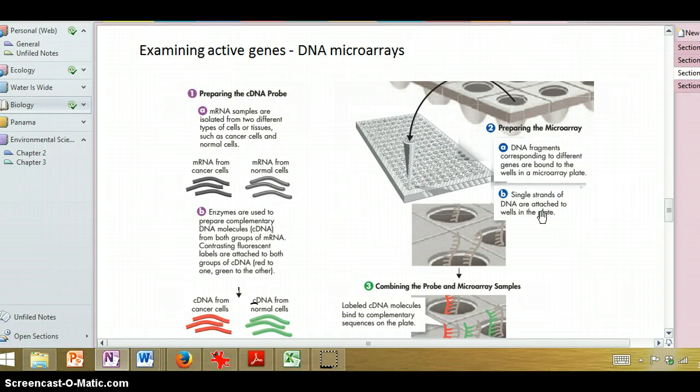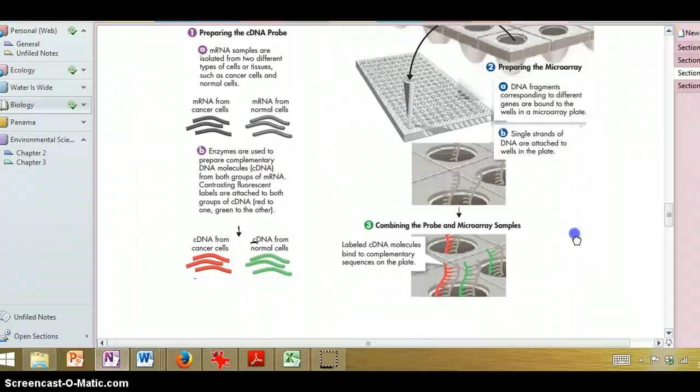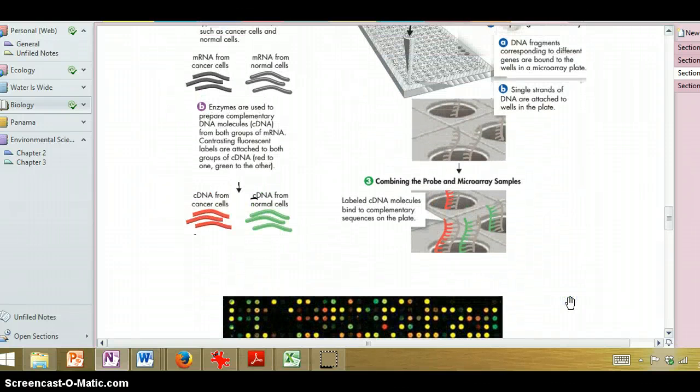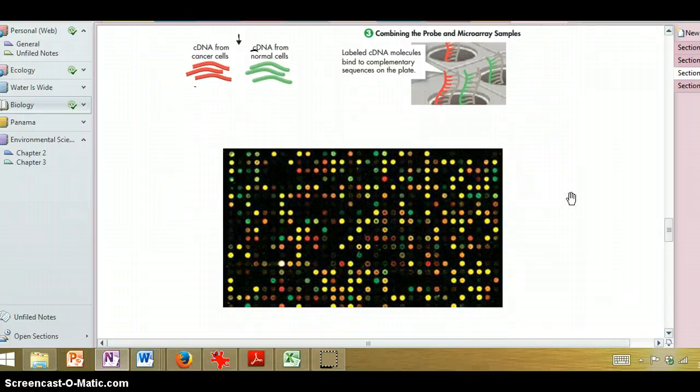Microarrays are a technique to determine which genes are being expressed by a particular cell. What you do is basically isolate DNA that represents particular genes. You attach the DNA for these different genes on this microarray, and each dot represents a particular gene.